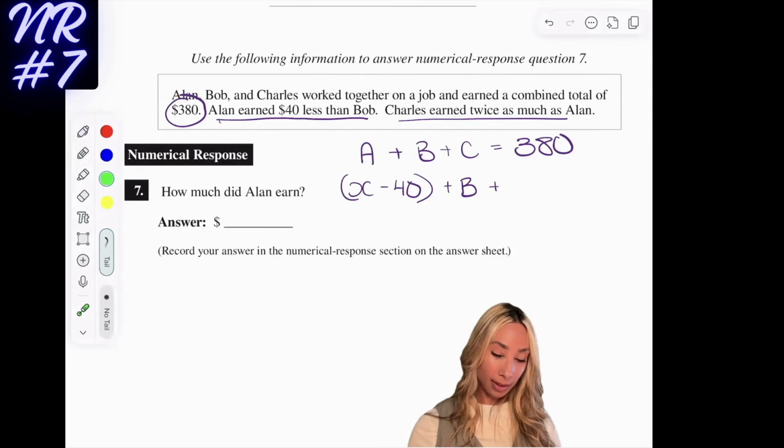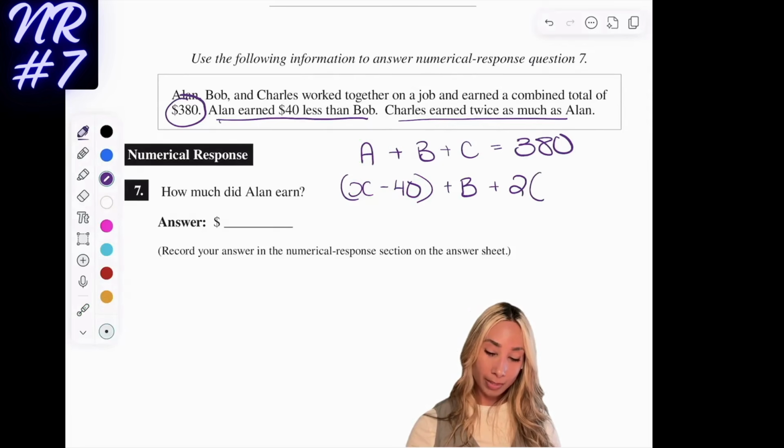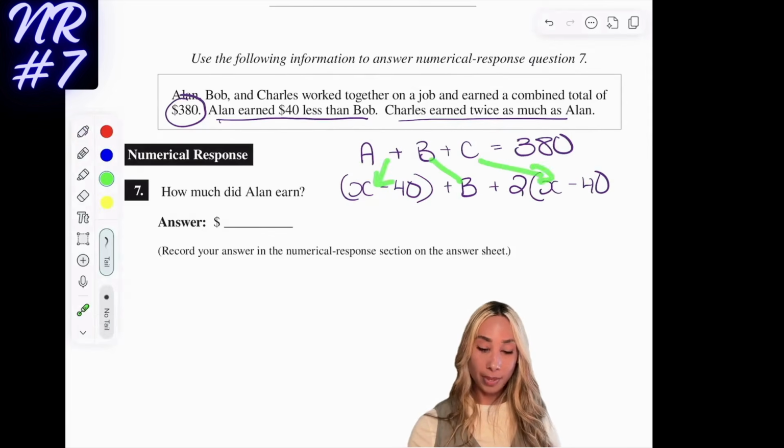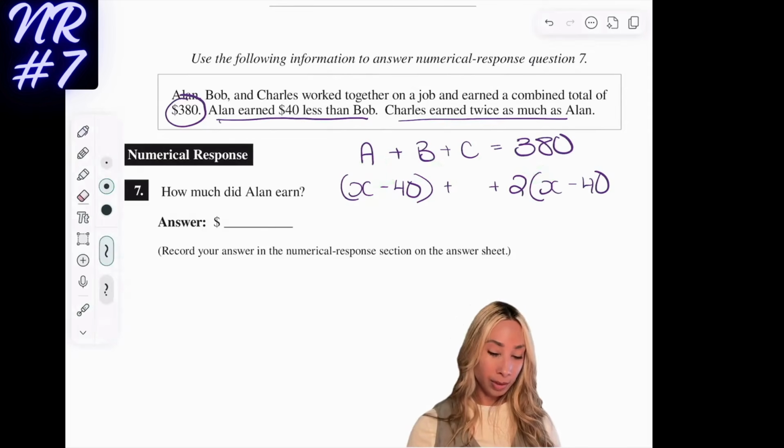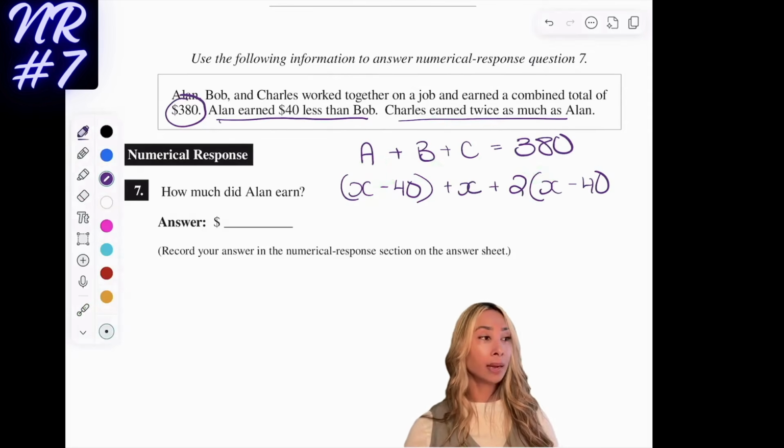Well, we said Alan is X minus 40, so twice as much would be 2 times X minus 40. Now I kept B as B just so you could see what's happening, but what I need to do is change the letter B for our variable X. X is going to ultimately determine Alan's own because everything is compared to that.